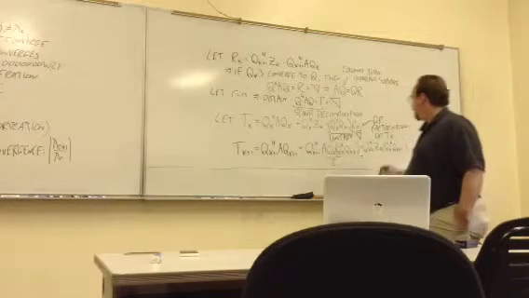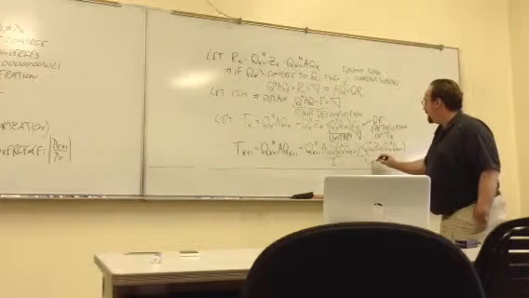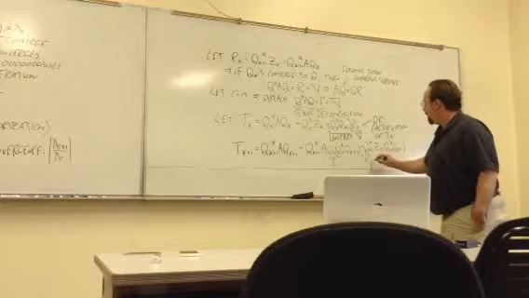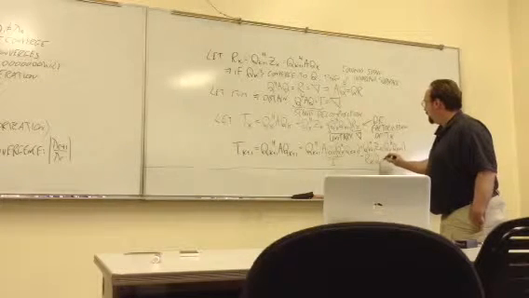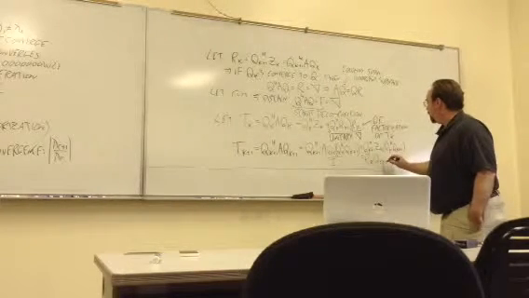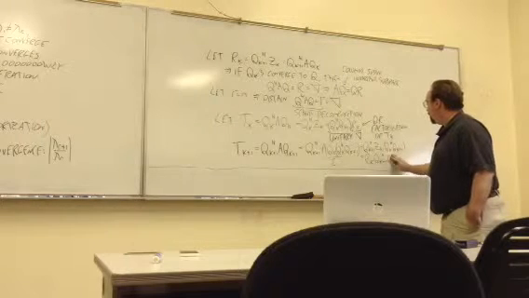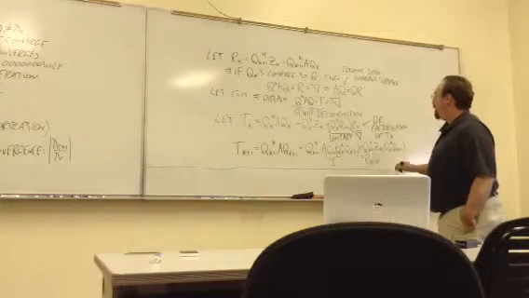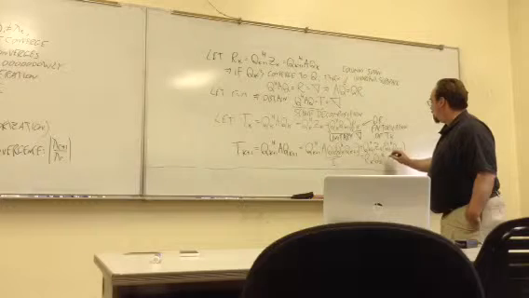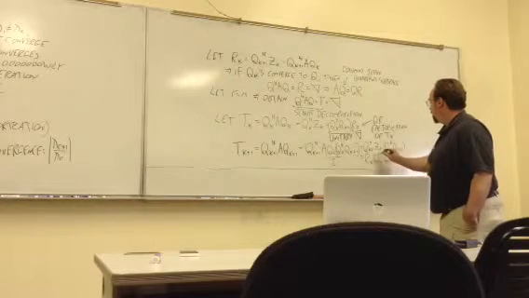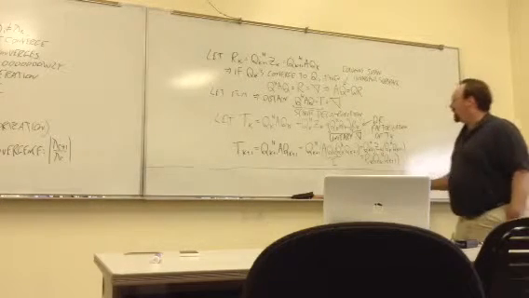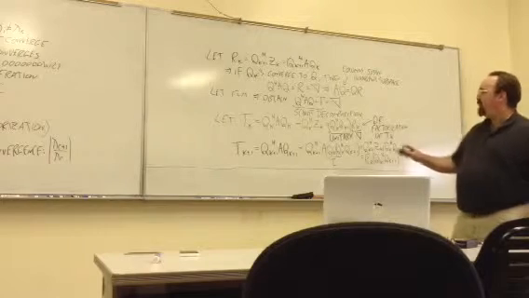That's RK. So I have RK, QK plus 1 Hermitian transpose Q... Oh, that's not right. QK Hermitian transpose QK plus 1. I'll group those together. Okay, so let's take a look at these expressions.